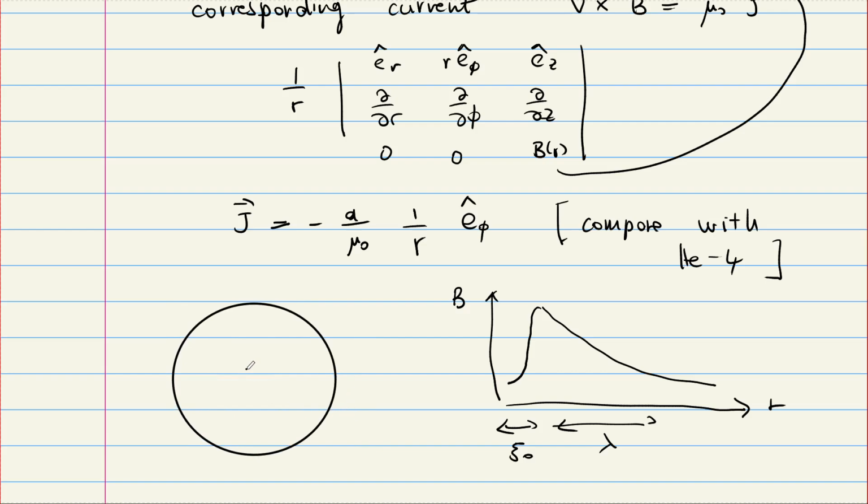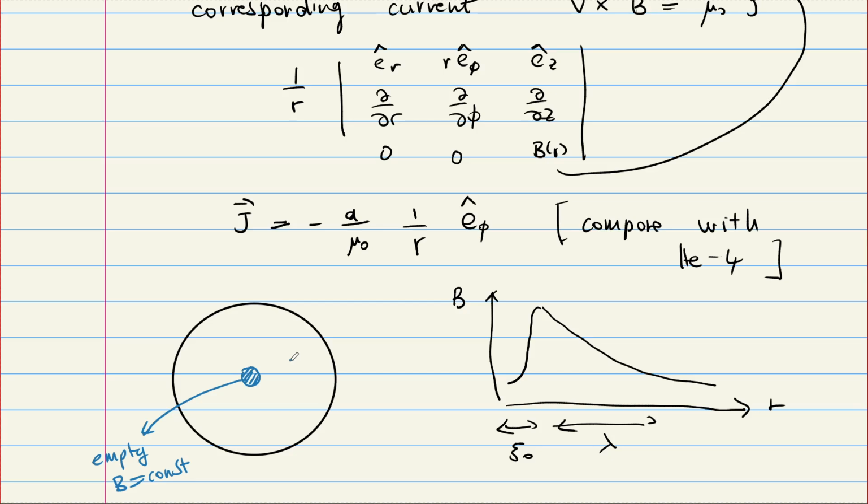Inside there is a region which is hollow, where there is nothing, it is empty, and here B is constant. There is a magnetic field, and the radius of this hollow region is psi naught.